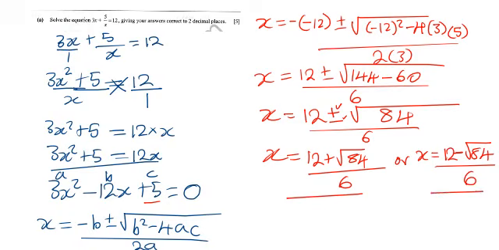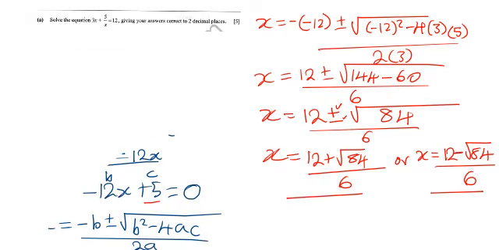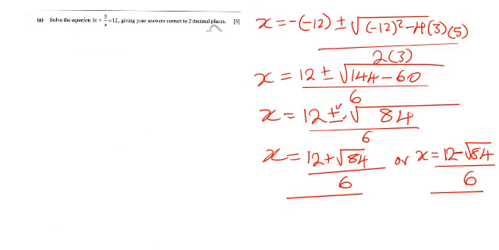So what you do, you say therefore our x will be equal to, now we have 12 plus the root of 84 over 6. Therefore x will be equal to, now we find the root of 84.